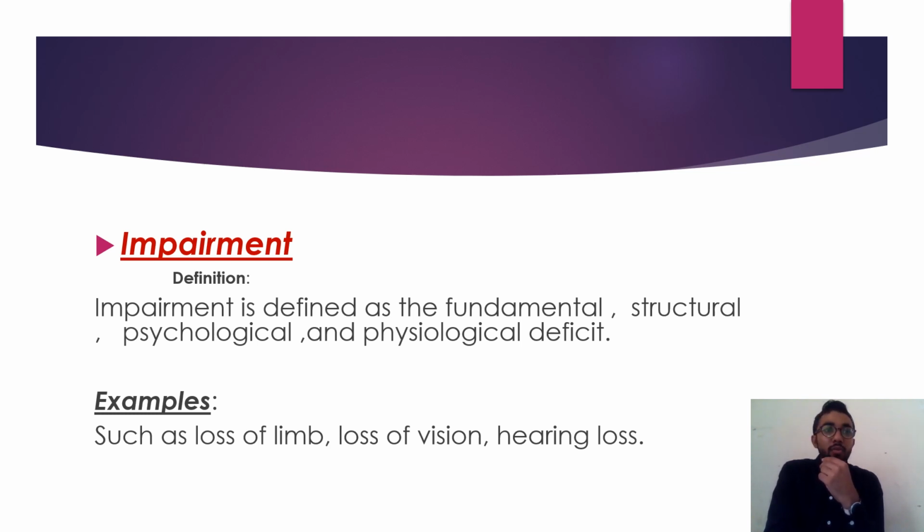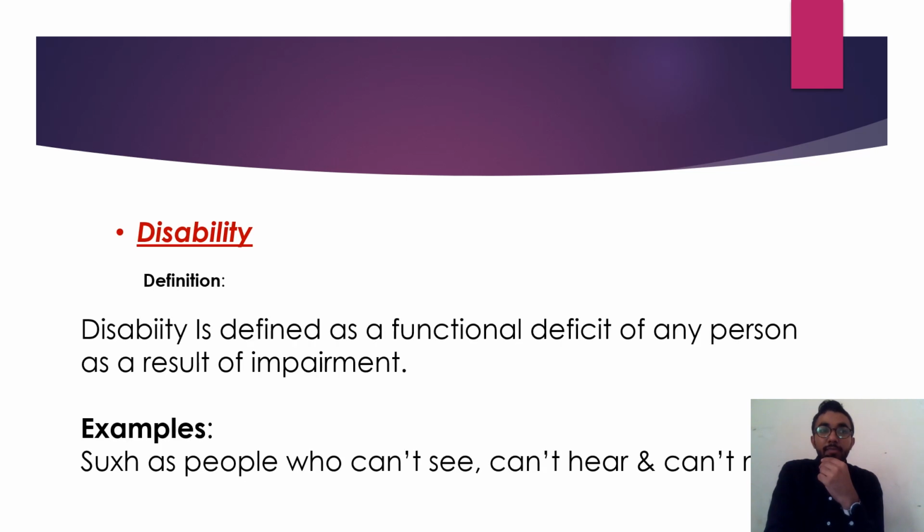I'm now going to move on to the next slide, which is about disability. There is a great misconception among people. They don't know what disability actually is and who is called disabled. I'm going to split this word into dis and ability, so you don't have any ability. Disability is defined as the dysfunctioning of a body part, so that you can't work with that body part.